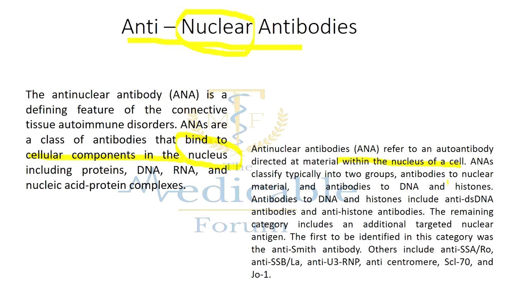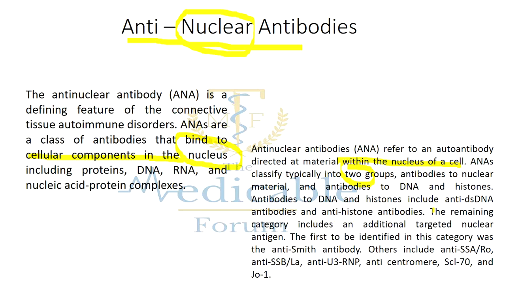ANAs typically classify in two groups: antibodies to DNA and histones, and antibodies to nuclear material. Antibodies to DNA and histones include anti-double-stranded DNA antibodies and antihistone antibodies.